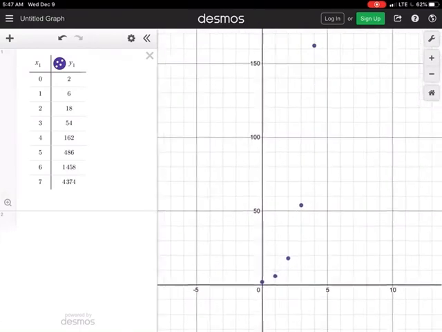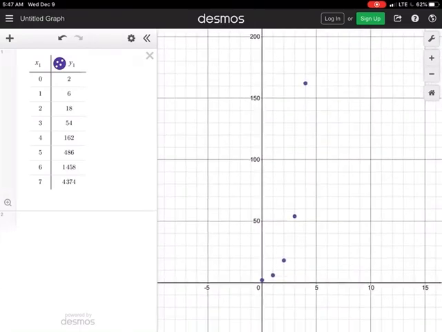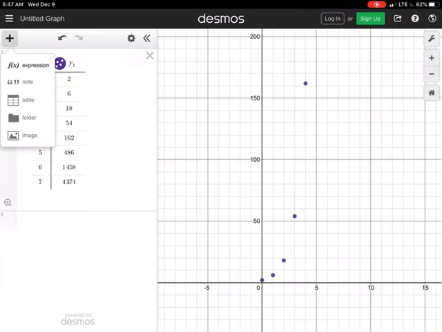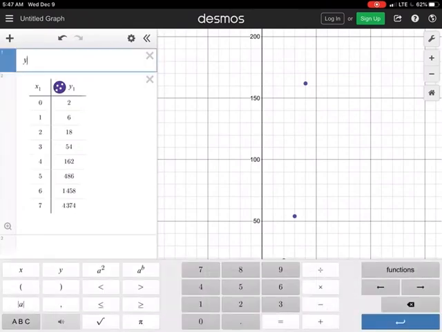Let's make it so that they all show up on the screen. Now this does look kind of like a quadratic, but it just goes up super, super fast. So we could try a quadratic equation first.